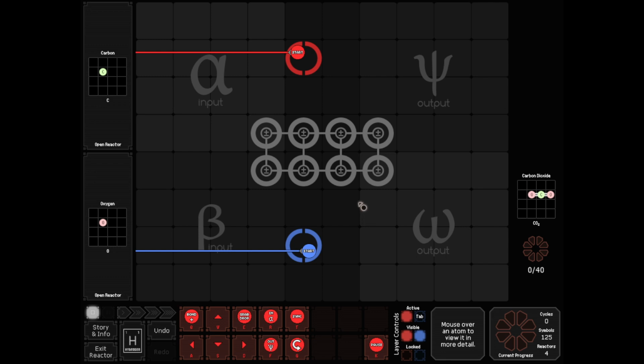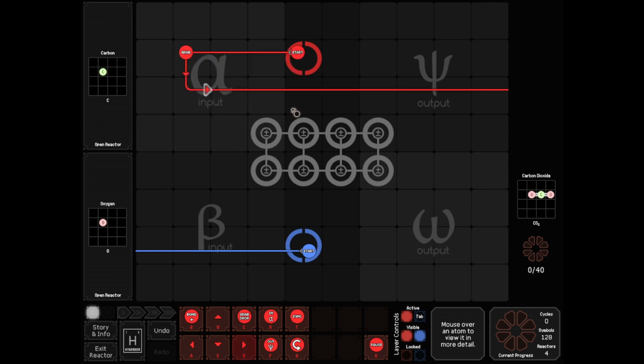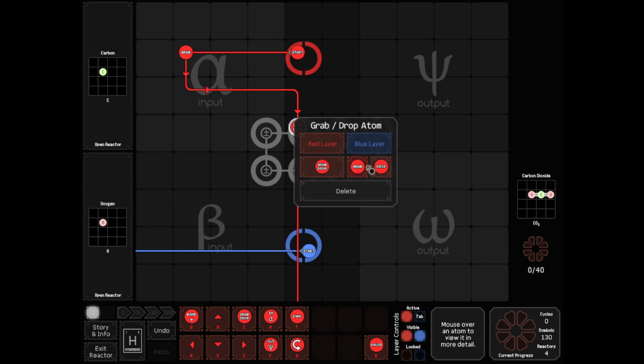CO2. Oh, and this should be quite a bit easier, honestly. So we're going to start by grabbing this. Just kind of dump it wherever.